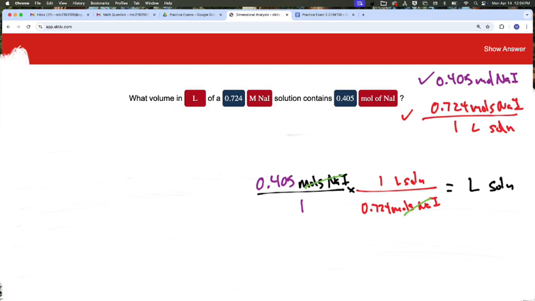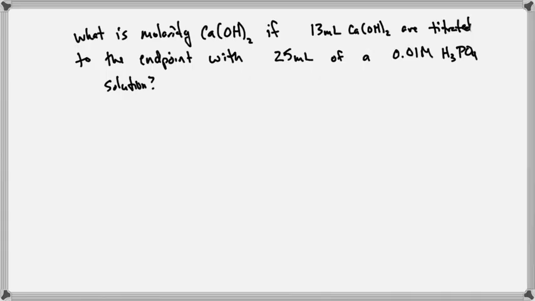Yeah? Molar phosphoric acid solution. Okay. We've got a bunch of stuff in the English language. Get out of the English language as fast as possible. What are we being asked to solve for? Molarity. What is molarity? Cool. Moles over liters. Moles of what?